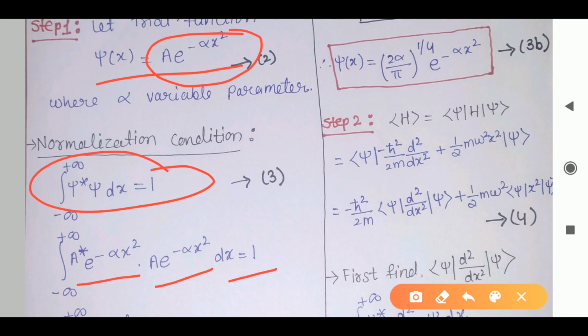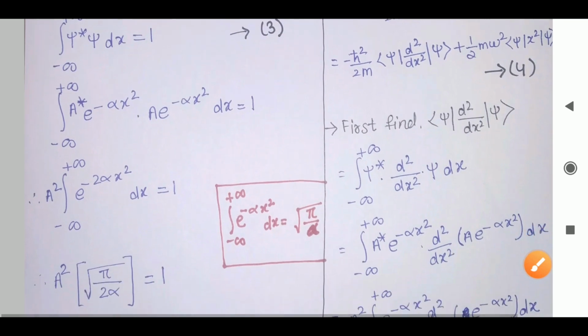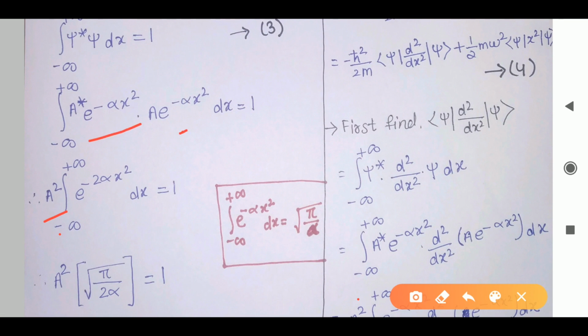Now we will solve this. So here we get a square outside, and inside we have e raised to minus alpha x square, here also e raised to minus alpha x square. When we multiply these two, we will get e raised to minus 2 alpha x square, and this dx, which equals 1.